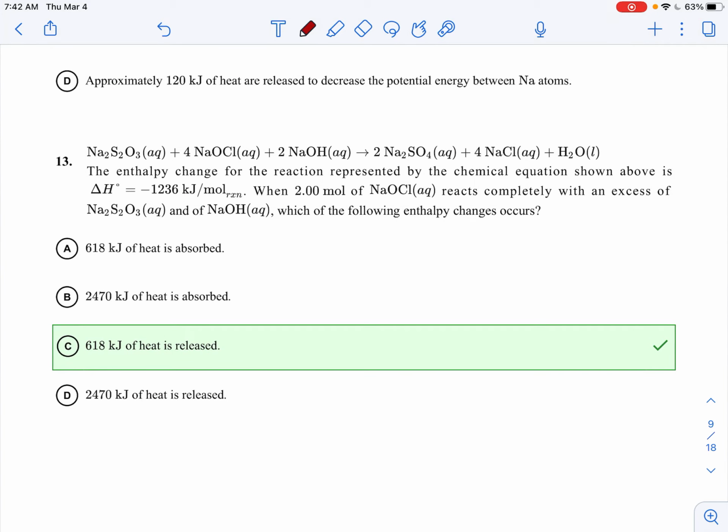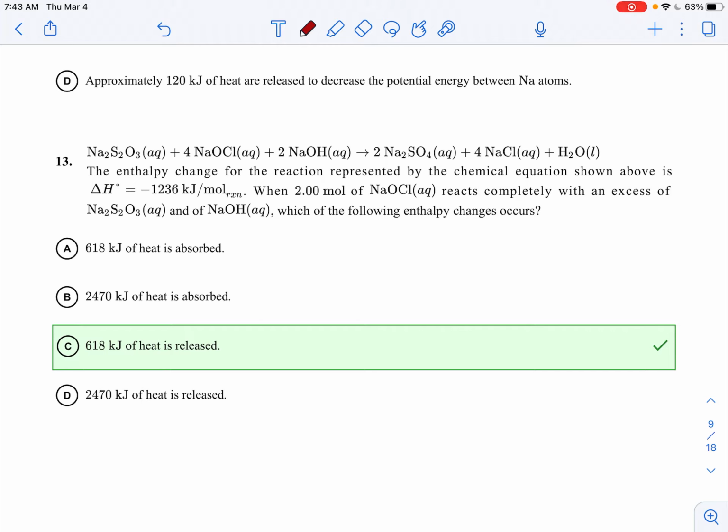Now, number 13, it says the enthalpy change for the reaction represented by the chemical equation shown above is delta H equals negative 1236 kilojoules per mole. When 2 moles of NaOCl react completely with excess Na2S2O3 and NaOH, which of the following enthalpy changes occurs?